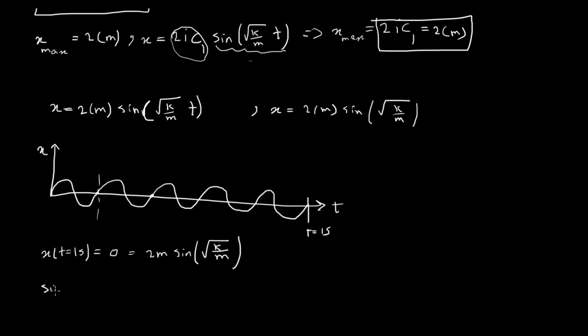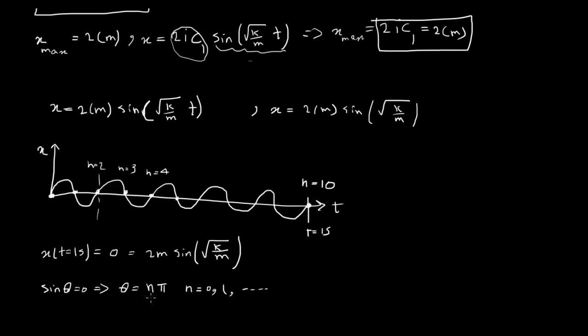So whenever sine of something, let's say theta, is equal to 0, then theta has to be n pi, and n can be 0, 1, any integer. So n equals 0 is here. This is n equals 1, n equals 2, n equals 3, n equals 4. So now we can count all the way up to here: 5, 6, 7, 8, 9, 10.